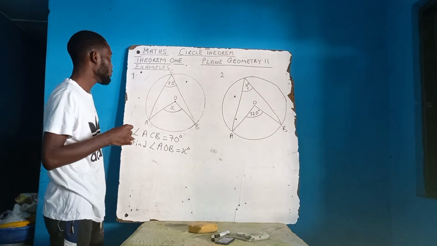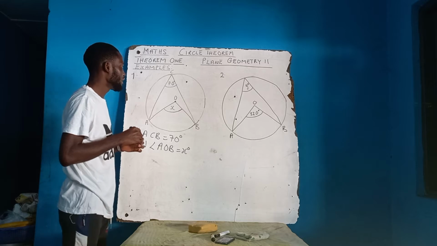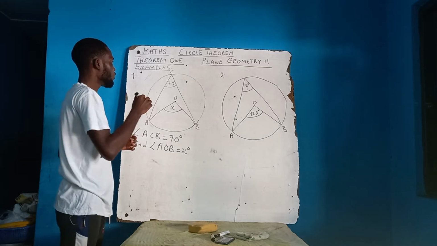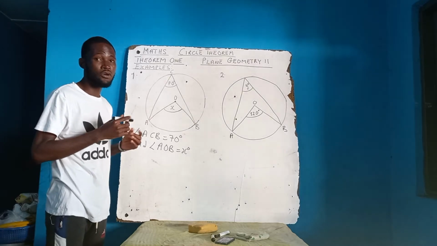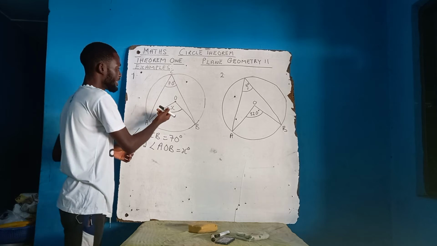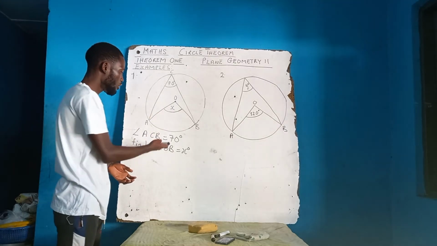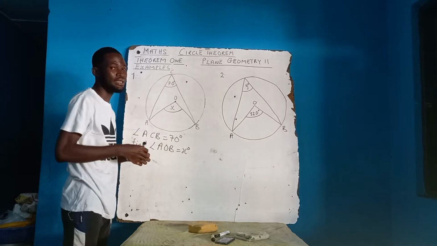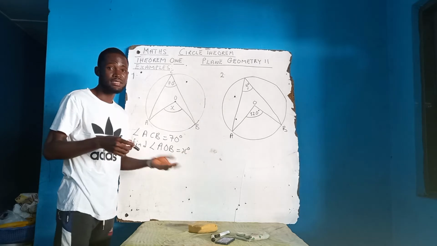So per our theorem 1, it states that whichever angle is formed at the center is twice whatever is formed at the circumference, right? So in other words, in order to get our x, you are going to multiply the angle formed at the circumference, that is precisely 70, by two, right?